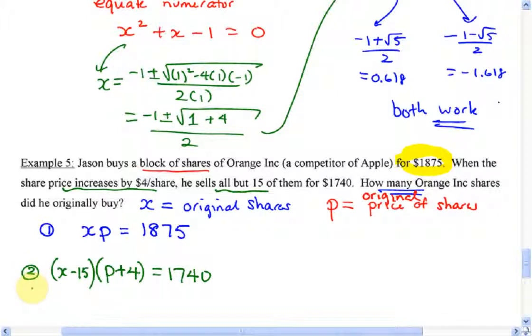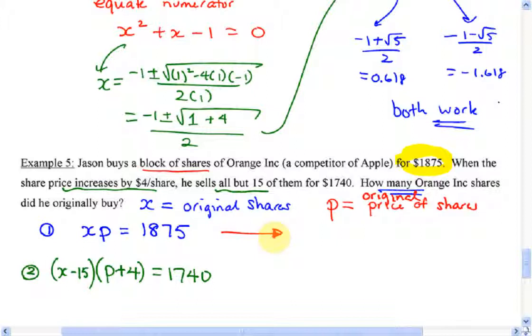Two variables, two equations. Oh my. What do we need to do? Either solve for P or solve for X, or substitute. I would probably say substitute. Now my question to you is, should I take equation number 1 and solve for P or solve for X?